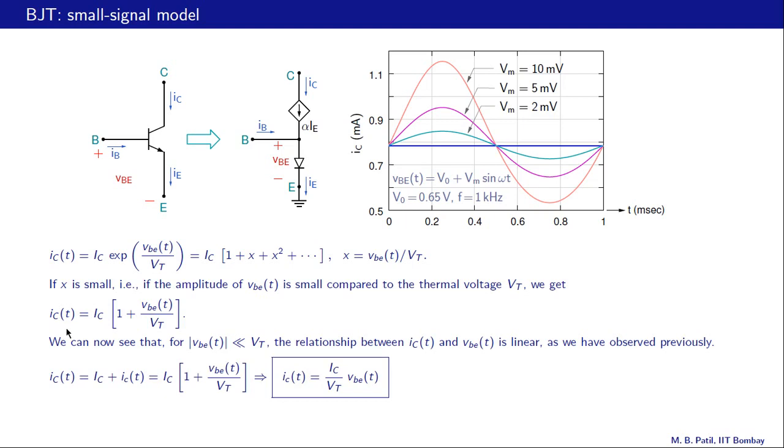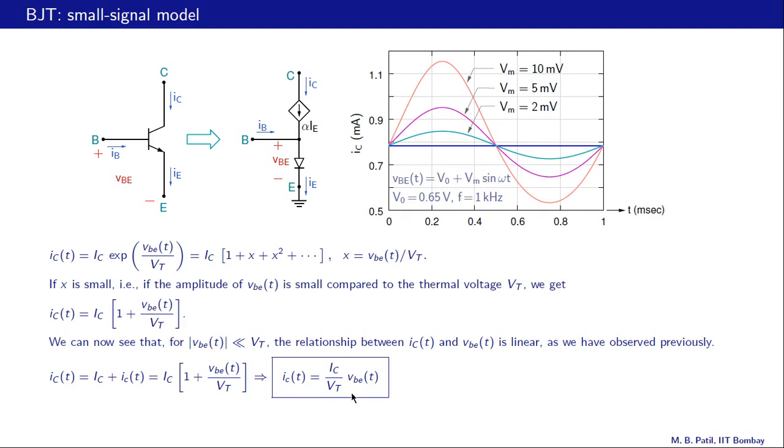So let's rewrite this equation. What is the instantaneous collector current? It is the DC part plus the time varying part. So that is equal to this thing again. Now this IC, the constant part, will cancel out and we will get the signal collector current, or the time varying part of the collector current, equal to IC divided by VT times vbe of t.